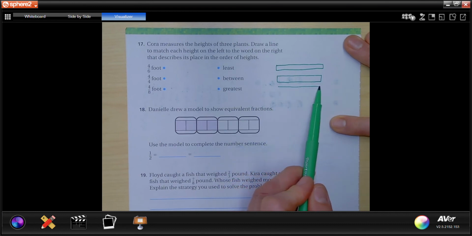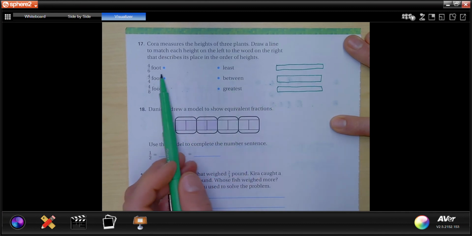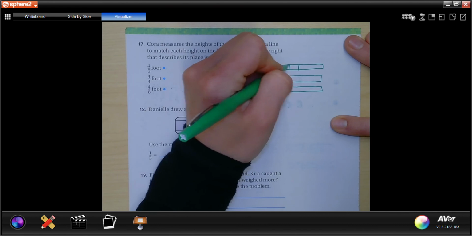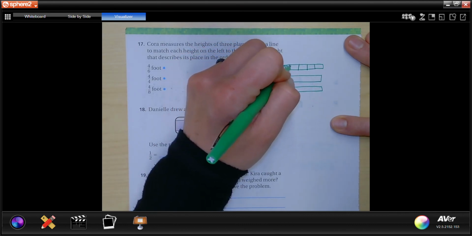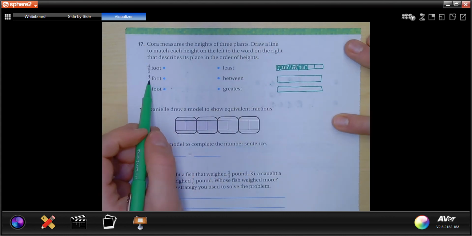The heights of the plants are all equal. Okay, so 4/6 of a foot. So we'll turn this one into sixths. So 4, 1, 2, 3, 4, 1/6 of a foot for the first one.